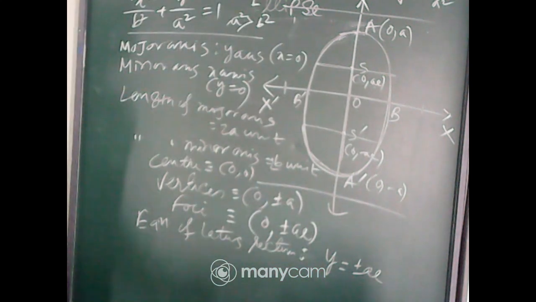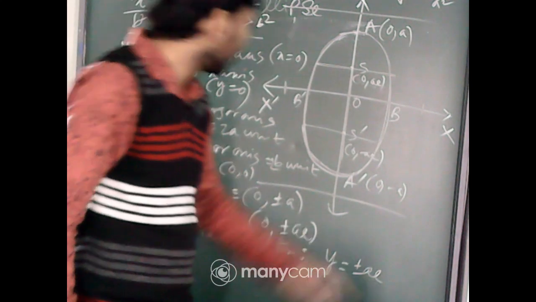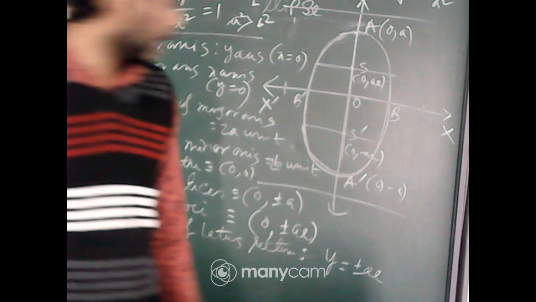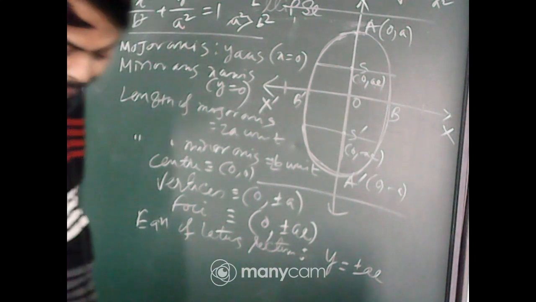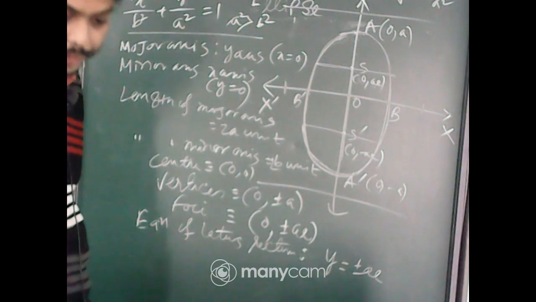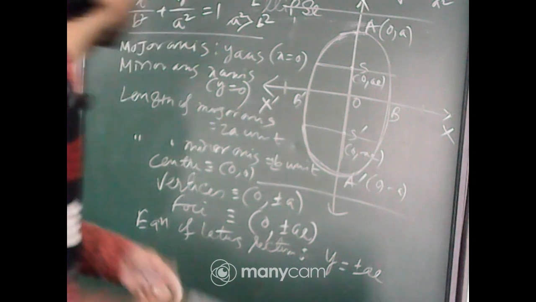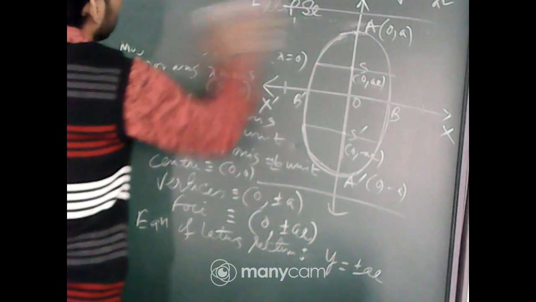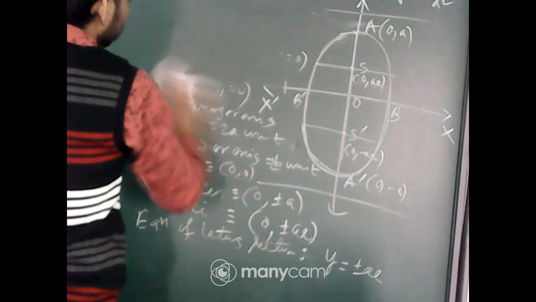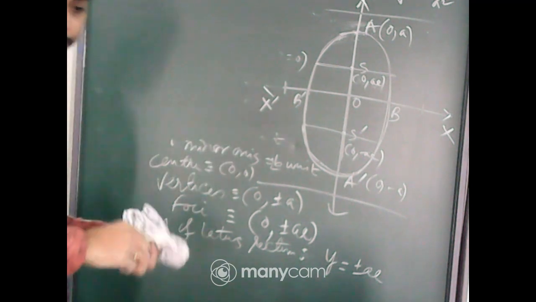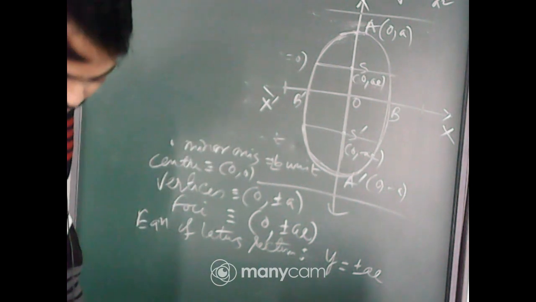Whenever it passes through S, then y equals to ae, whenever it passes through S dash, then y equals to minus ae. Okay. Is it clear up to this one?